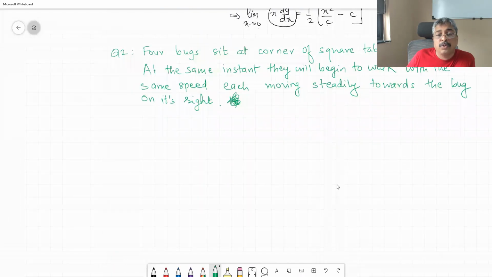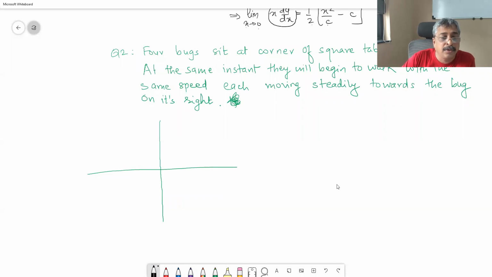And more than writing, what we are doing is, this is your y axis, this is your x axis, and you have a square table looking like this. Okay, this is a comma 0 and therefore the side is root 2a.